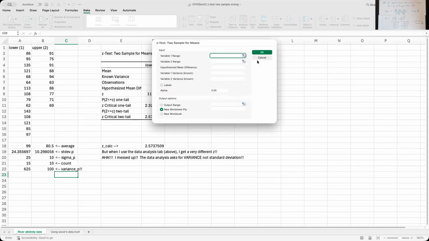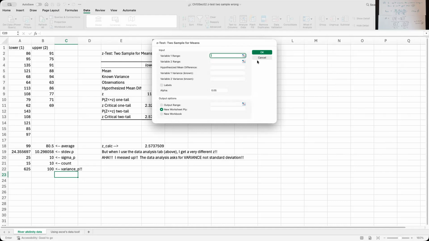Because the next 2 things it says is variance known, not standard deviation known. I typed in the standard deviation where I should have typed in variance. So I didn't square the numbers. I gave it a variance of 10 when the variance was 100. I gave it a variance of 15 when the variance was 225. So I was dividing by way the wrong numbers.